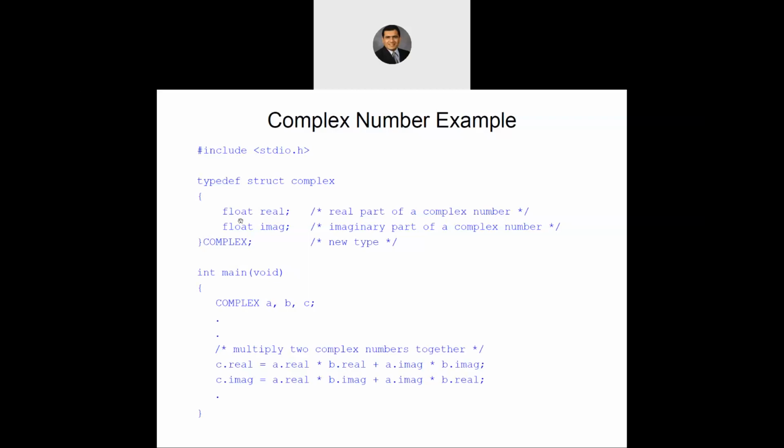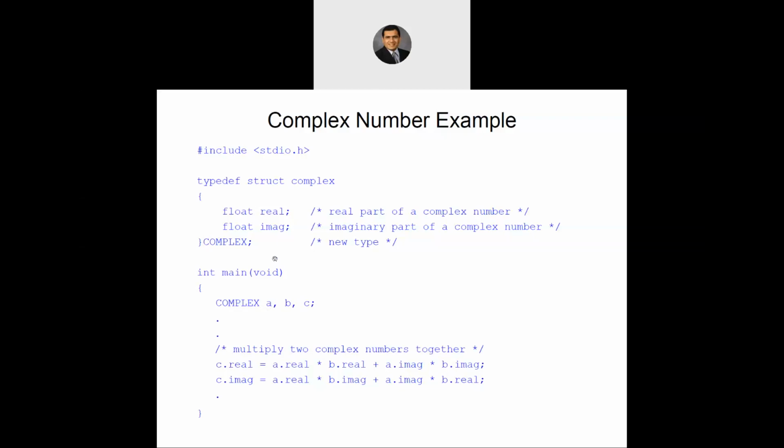So another example, instead of creating a structure in the usual way, I'm using typedef, and the same program, I'm creating a complex data type. Now, using complex data type, I create 3 variables, A, B, and C, and I say that A, B, and C are variables of complex.